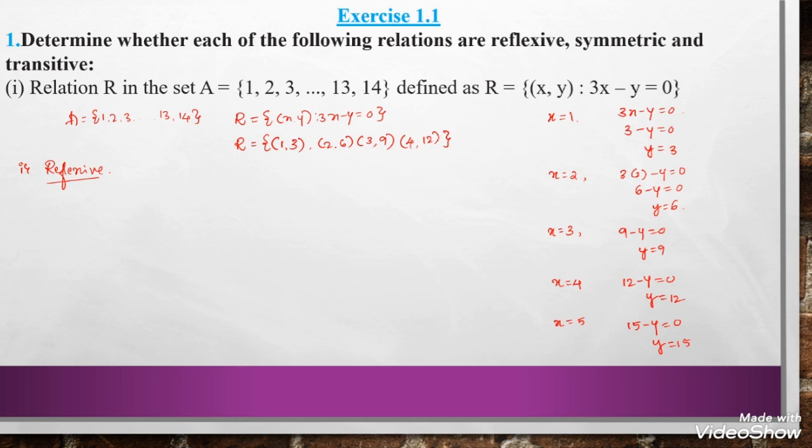But here, the ordered pair (1, 1) does not belong to R, similarly (2, 2) does not belong to R, and (3, 3) does not belong to R, up to the last element, (14, 14) does not belong to R. Hence, R is not reflexive.